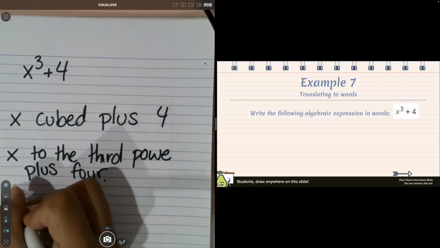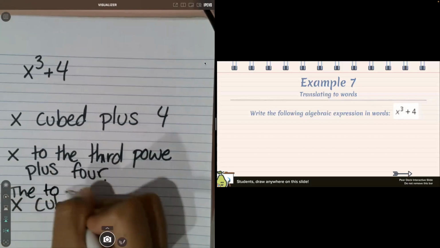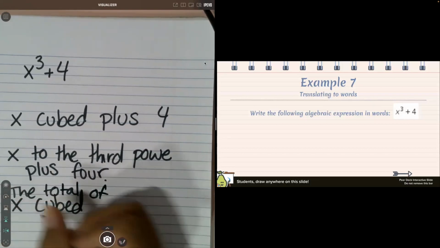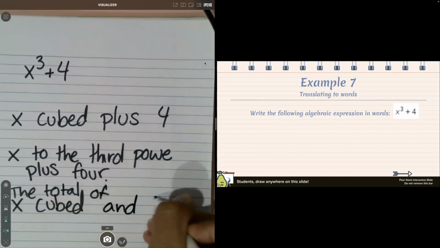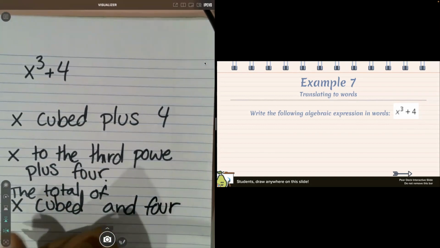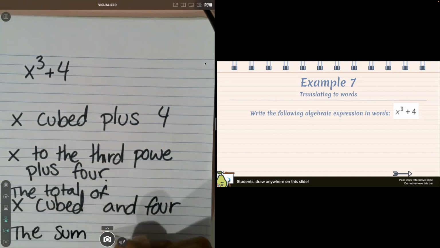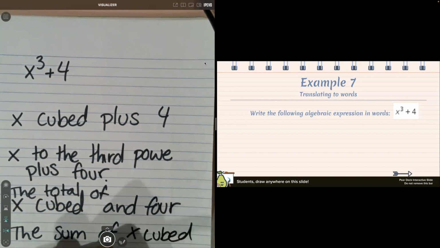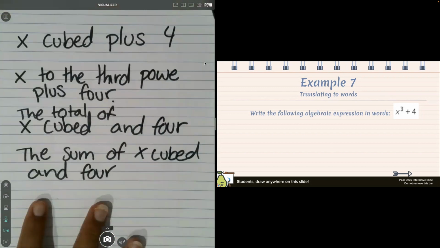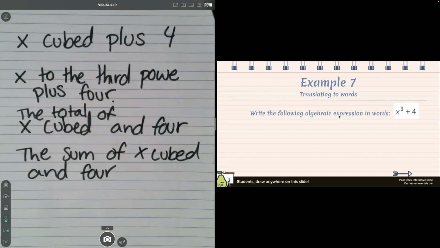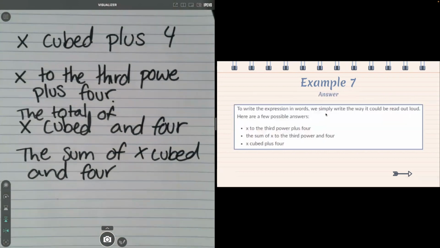And we can say the total of x cubed and 4. My favorite is the sum of x cubed and 4. The sum tells you you're going to add, right? Sum tells you they want the result of addition. So here, they just do the same things.